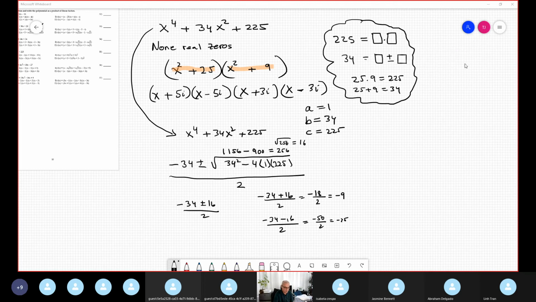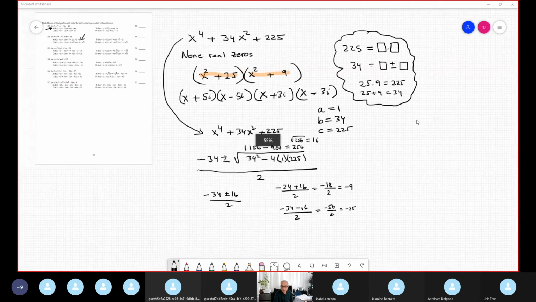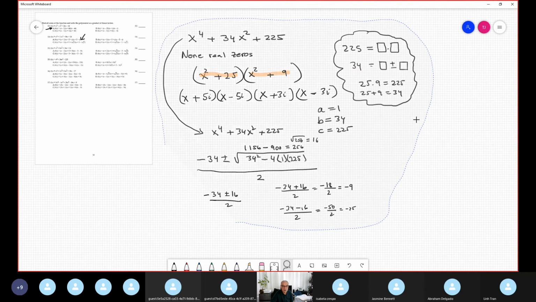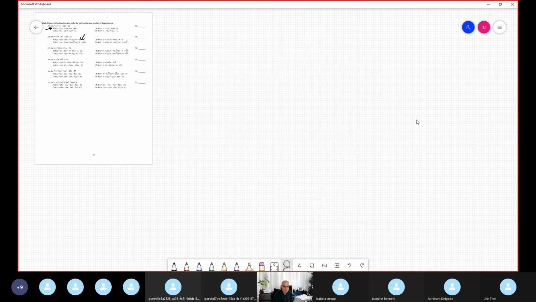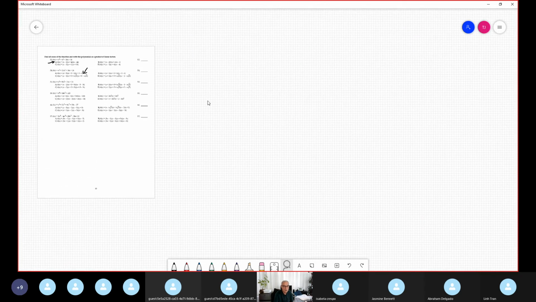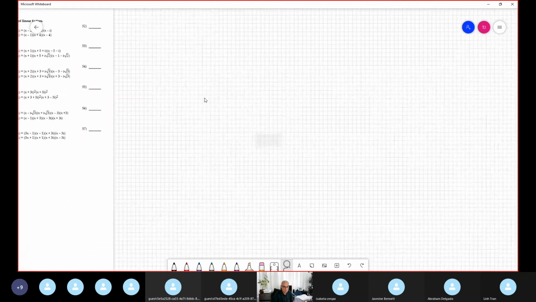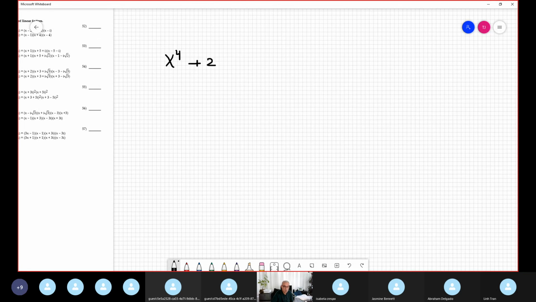Okay, 56 now. I'm detecting in 56, because 56 is more complicated, not complicated, long, because of degree 4. x to the 4th power plus 2x cubed plus 6x squared plus 18x minus 27.